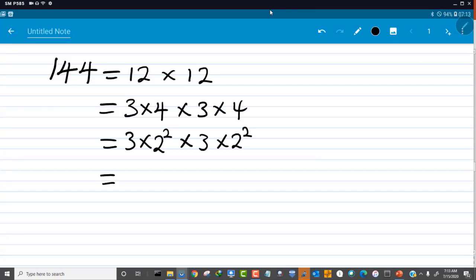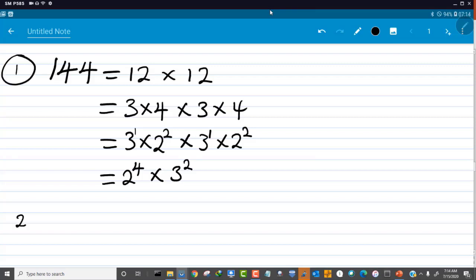So at the end we have 2 raised to power 2, plus another power 2, making 2 raised to power 4, times 3 raised to power 1, so 1 plus 1 will give us 3 raised to power 2. So here we have our 144 in prime factorization. That is the first step.